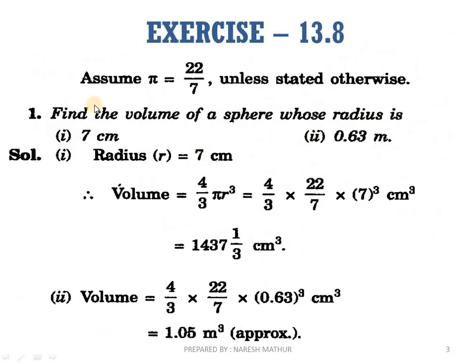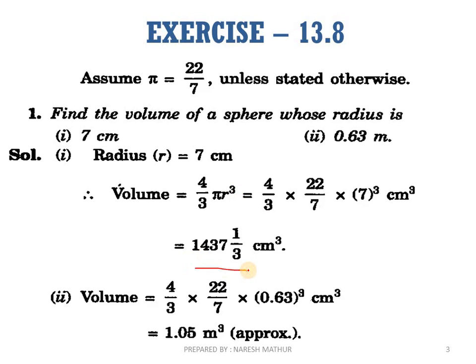Now in the first question, we need to find the volume of a sphere whose radius is given as 7 centimeter. So simply we need to apply the formula 4 by 3 pi r cube, as the radius is already given. So just put the value of radius and solve it.